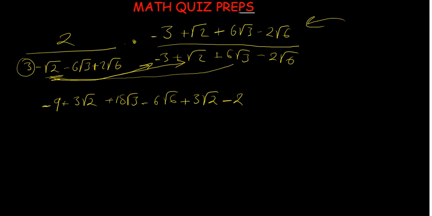What are we going to get? Negative what? Negative root 6, 6 root 6. And then negative root 2 multiplied by that one, which is what are we going to get? Positive 4 root 6. Is that true?